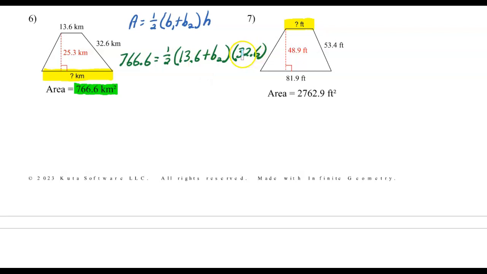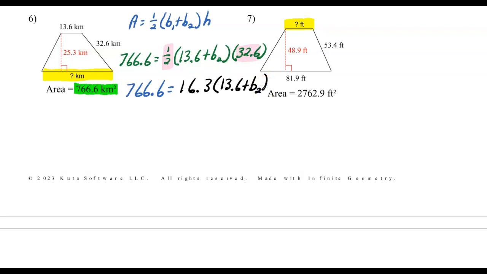Then on my calculator, I'm going to multiply the 32.6 and the 1/2. So I'm going to do 0.5 times 32.6. Doing that on my calculator, I get 16.3 times 13.6 plus B2.